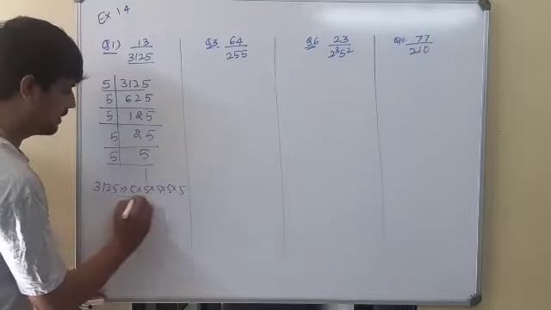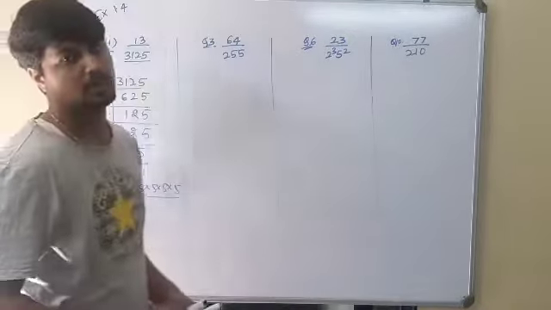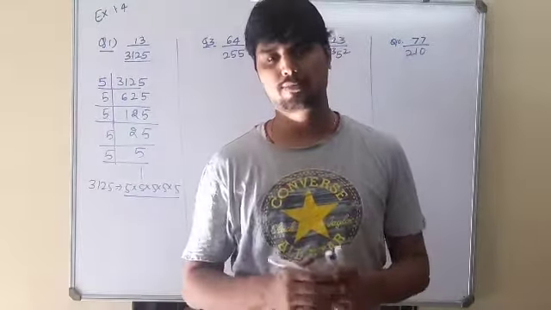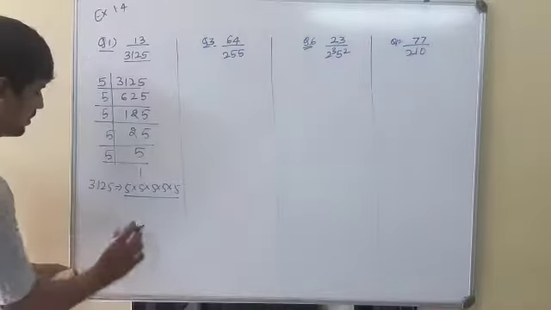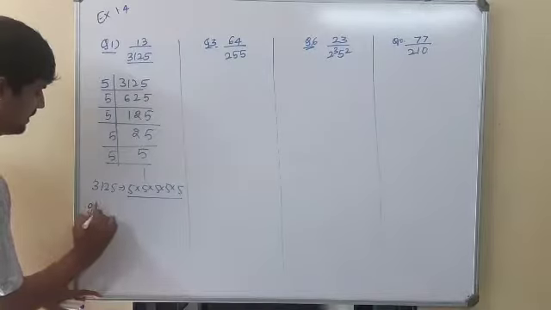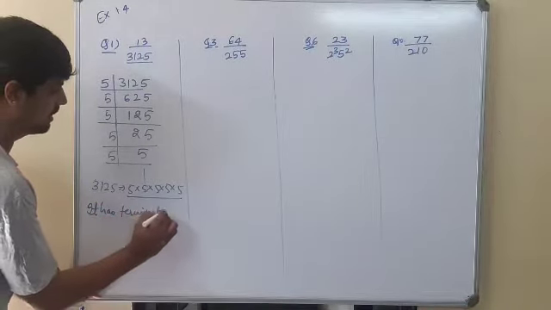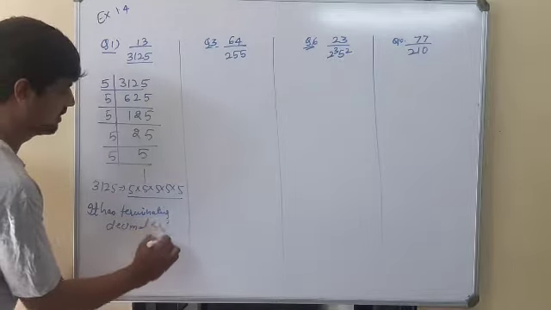That means it is in the form of 2 to power m, 5 to power n. So as we can say that the number having a prime factorization 2 to power m, 5 to power n will always have a terminating decimal expansion. So here we can write it has terminating decimal expansion.